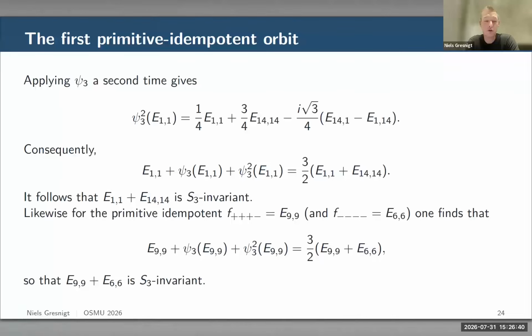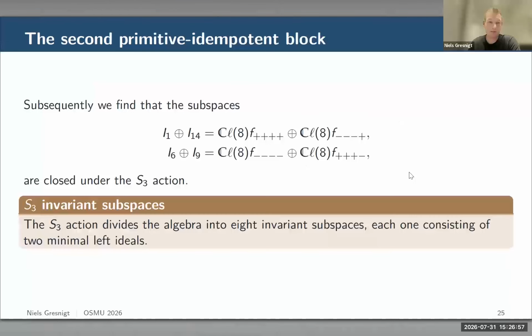The same is also true for another primitive idempotent, E99. So that's the ninth column. If we apply the Psi3 symmetry to the ninth minimal ideal, then it mixes the ninth and the sixth minimal ideal together. So we find certain closed subspaces under this action of S3.